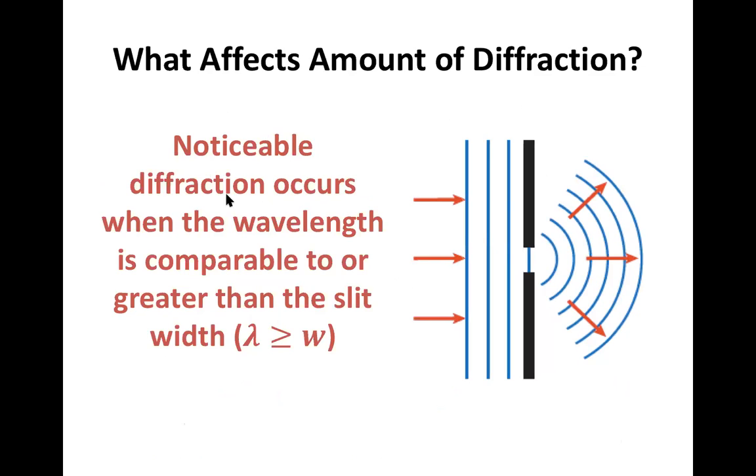You could just think of diffraction as occurring when the wavelength is comparable to or greater than the slit width. So lambda is our established variable for wavelength, and it's greater than or equal to W, which is the slit width here.